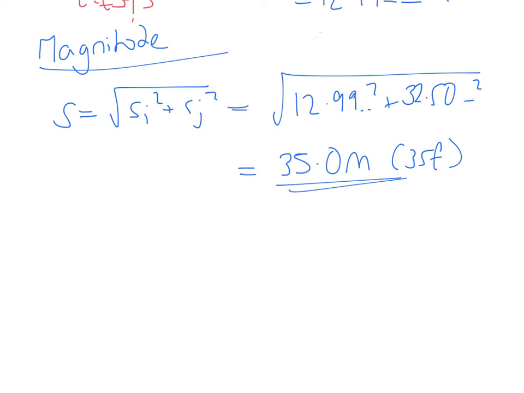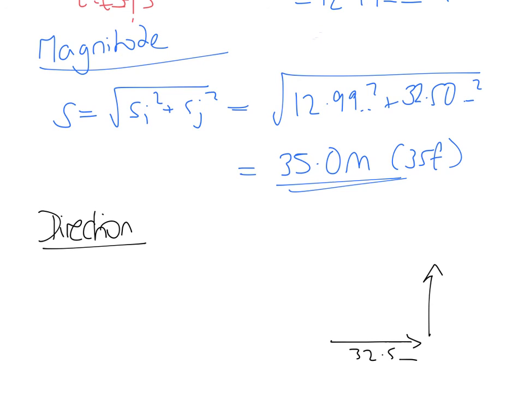So let's form a triangle so we can see what we're looking at. So we've got 32.5 in that direction and 12.99 in that direction, arranging them tip to tail. That means the resultant is going in that direction. But remember, we want to give that angle there.